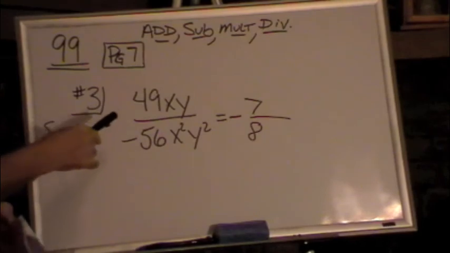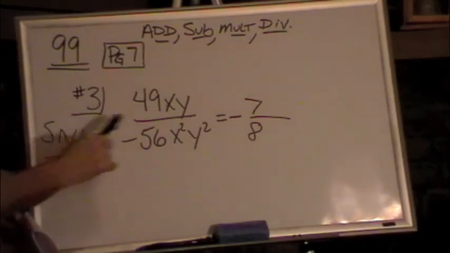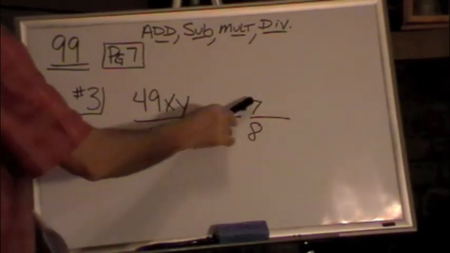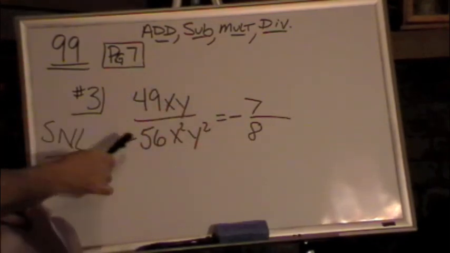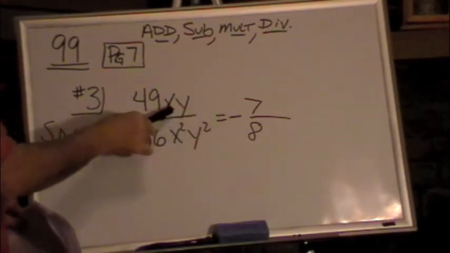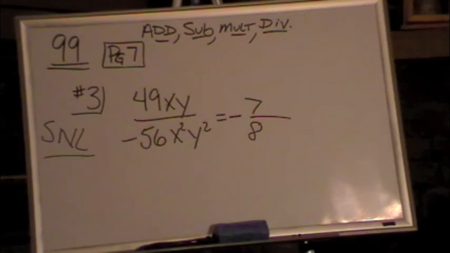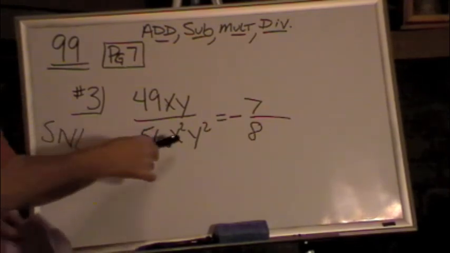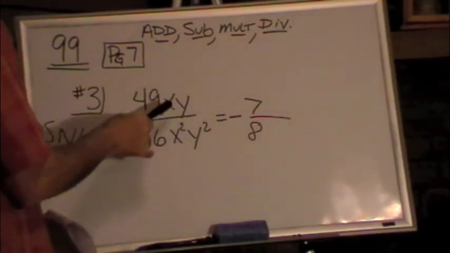All right. Now we did our sign. We did our numbers, 7 over 8. Now our letters. Where's the highest X, top or bottom? There you go. By how many? You have 2 down here and 1 up here.